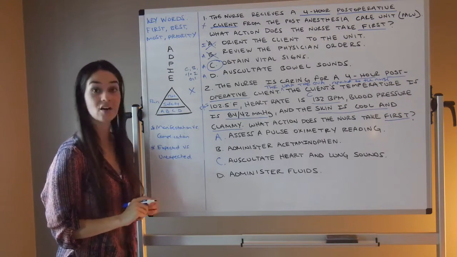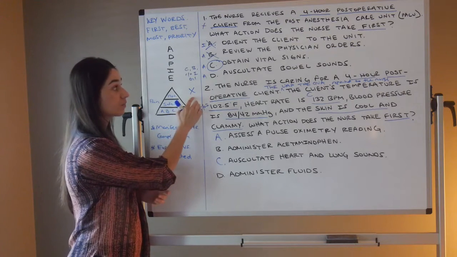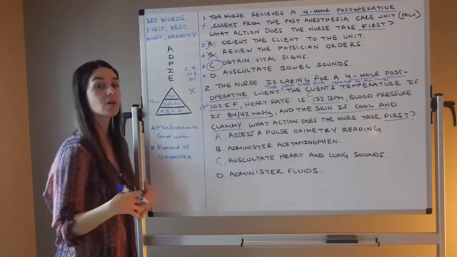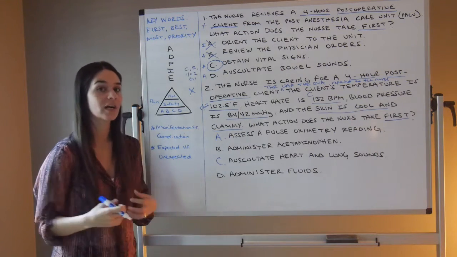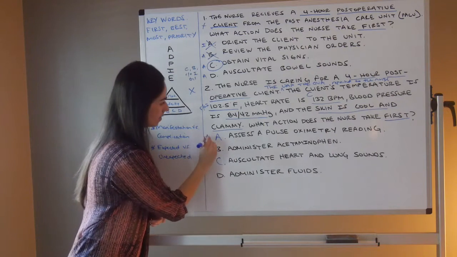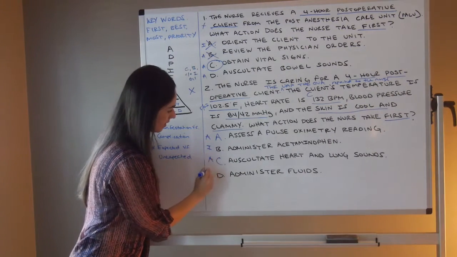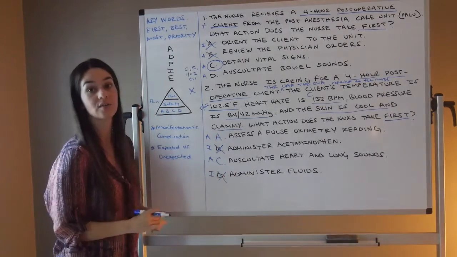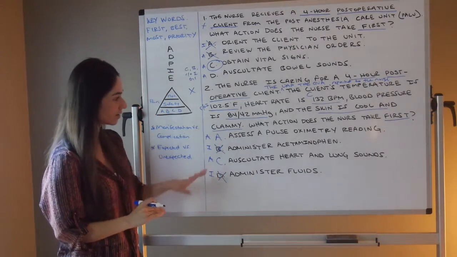So when we're looking at our answer choices, you have to gather data, and you have to gather according to Maslow's. So we will be looking for an assessment answer choice. So assess, implement, assess, implement. Get rid of your implementation because, again, you haven't started the first step of your nursing process.